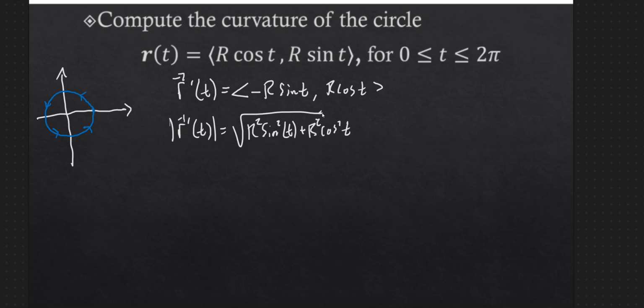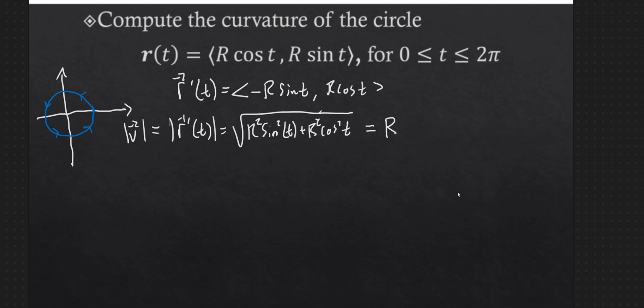But remember, with a circle, sine squared plus cosine squared is 1, so we just get r squared under the root, and we just get r out. So the magnitude of the tangent vector is the radius of the circle. Remember, this is also the same as the magnitude of velocity.